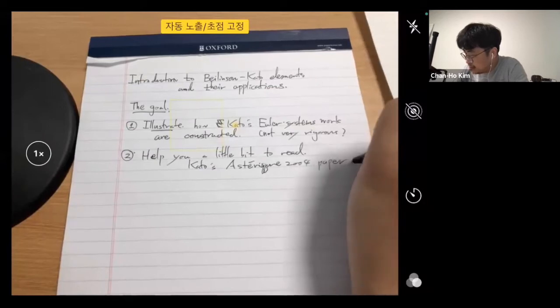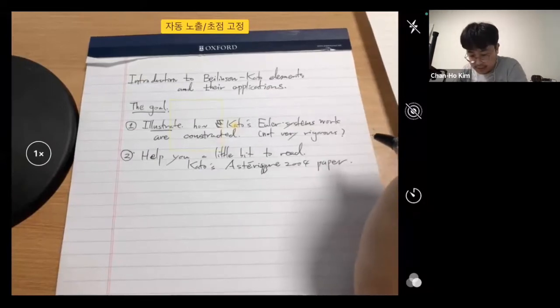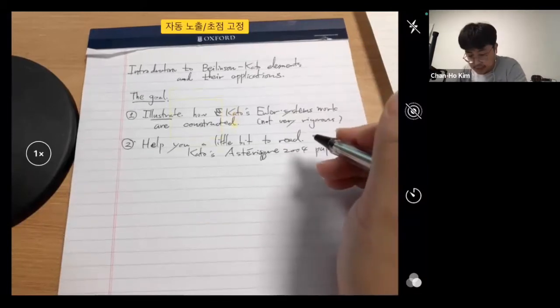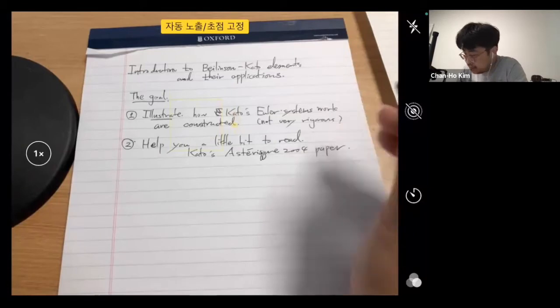Yes, this is my goal, and especially I want to share my experience studying this paper, if possible, and also my focus will be on the arithmetic of elliptic curves.